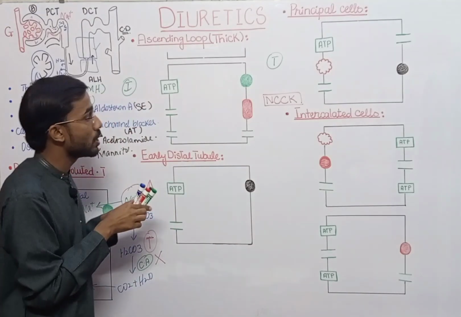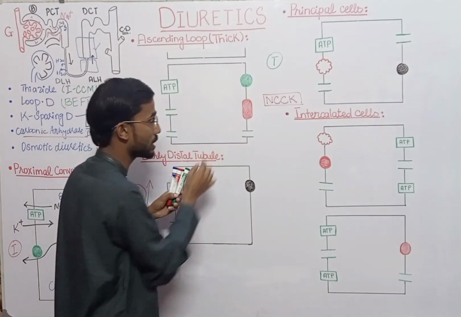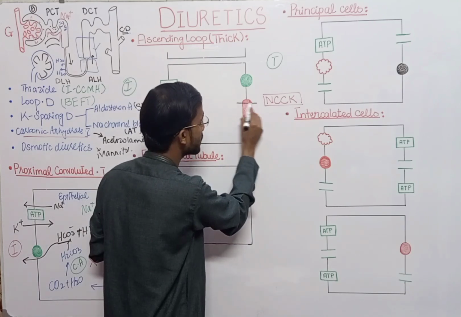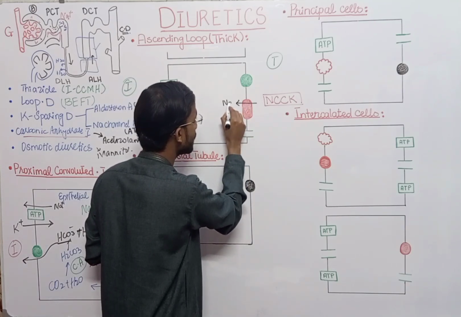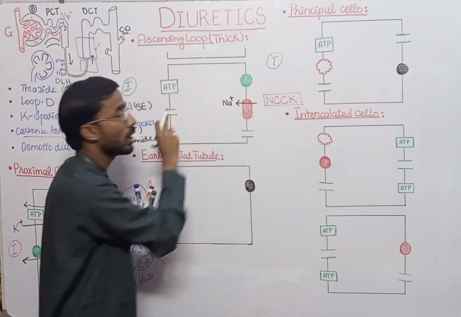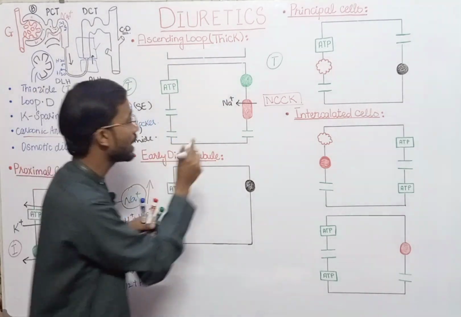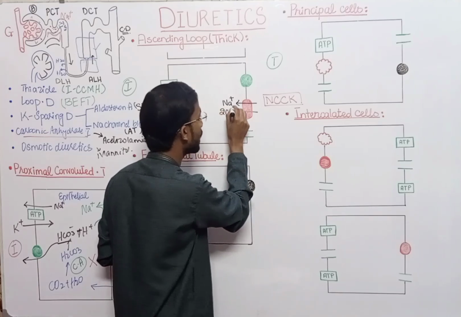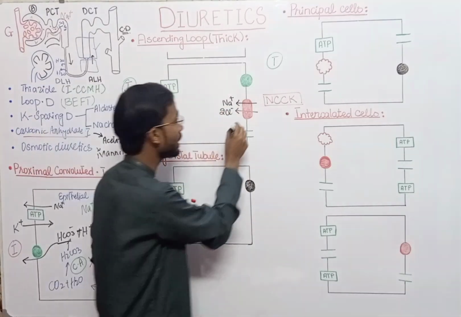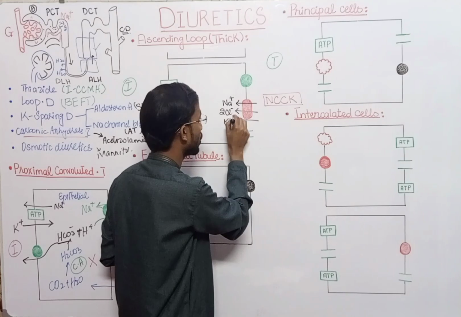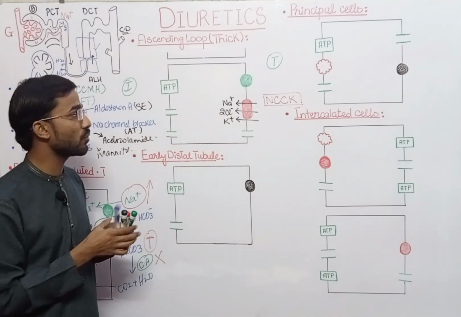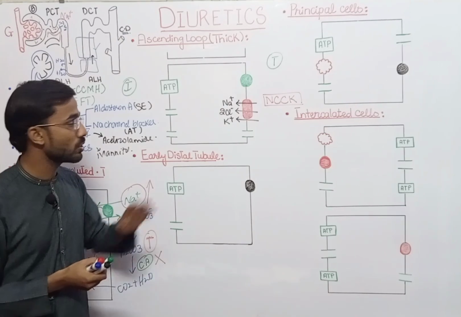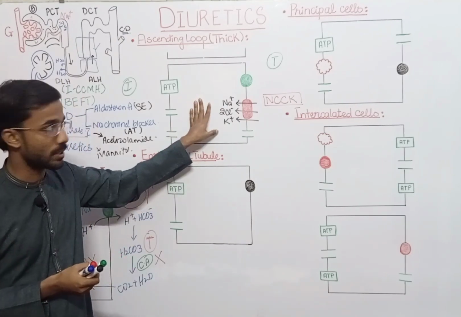This transporter will transport different ions: it will transport sodium inside the epithelium, then two chloride ions, and one potassium. So this transporter transports sodium, chloride and potassium.